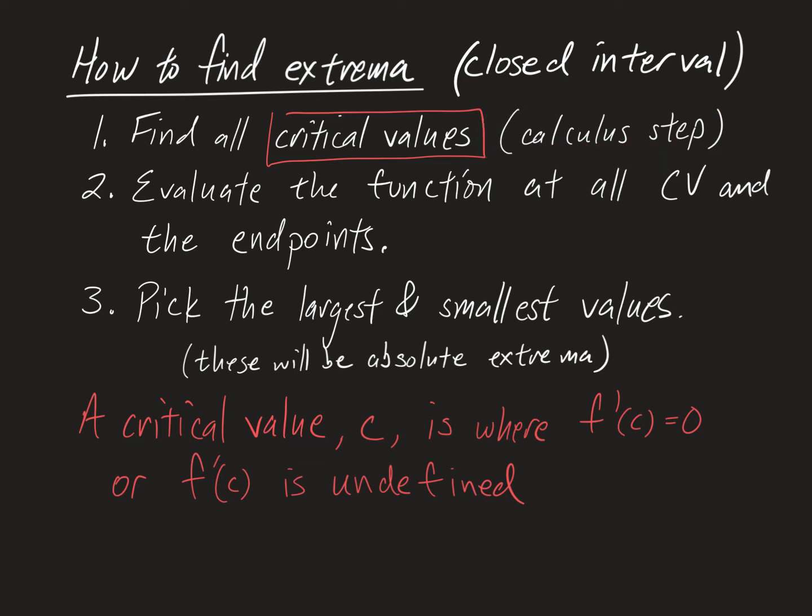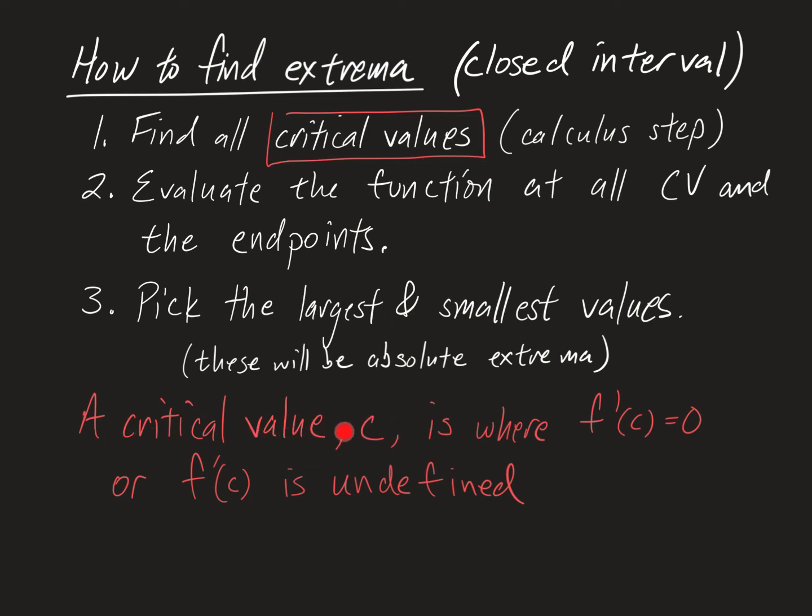From there, we will take the critical values and the endpoints, and we will evaluate the function at all critical values and endpoints. Then we will pick the largest and smallest values from step 2, and these will be absolute extrema.